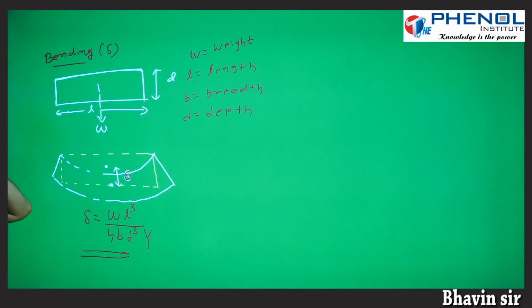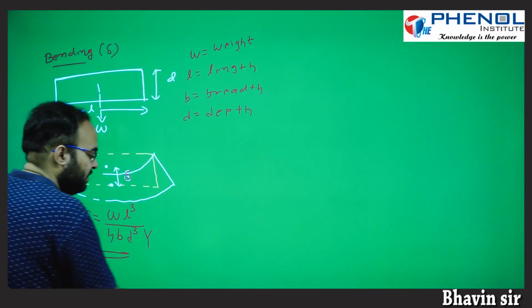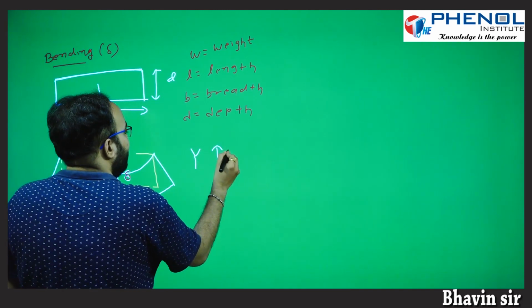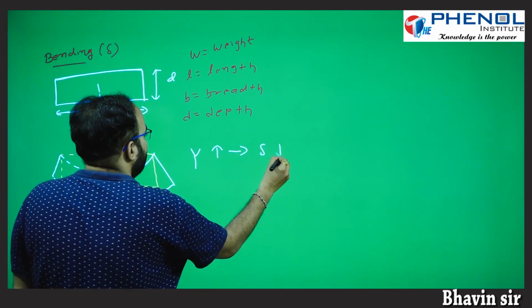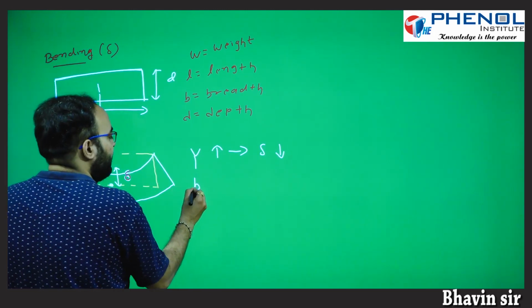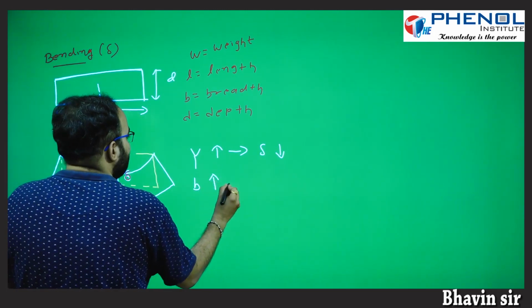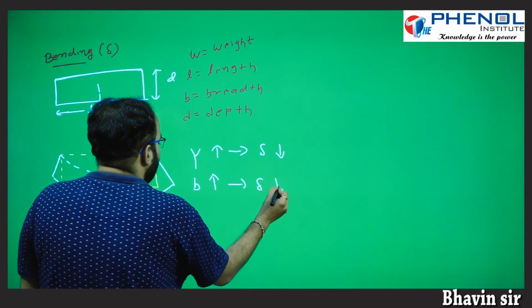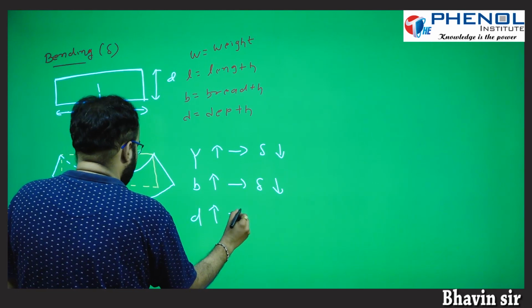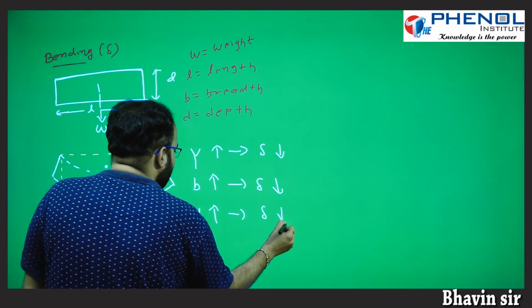WL cube upon 4BD cube Y. So if we increase the Young modulus, then we can reduce its bending. If the breadth is increased, then also bending is reduced. If we increase the depth, then also bending is reduced.